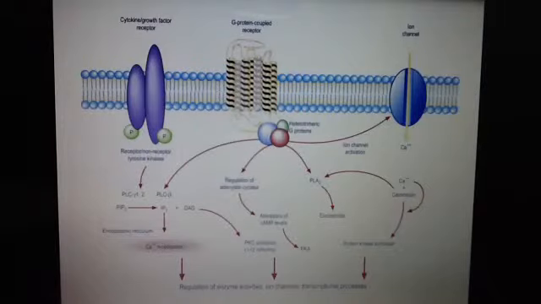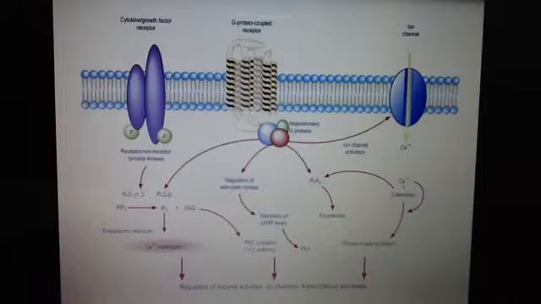So on the left, the cytokine growth factor receptor. What's happening here is that the tyrosine receptor is stimulated by the cytokines, and then there is an activation of the phospholipase, and there is a lipid signaling molecule.